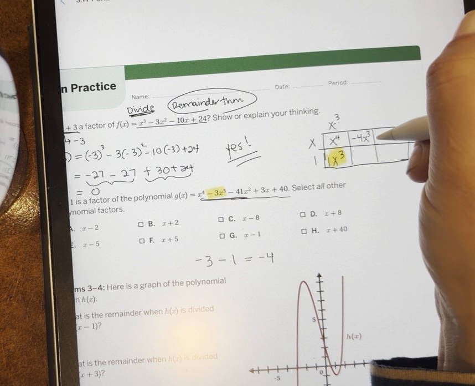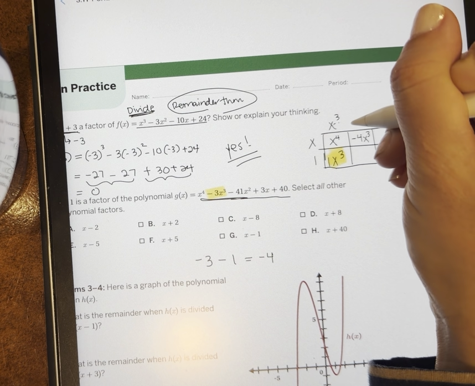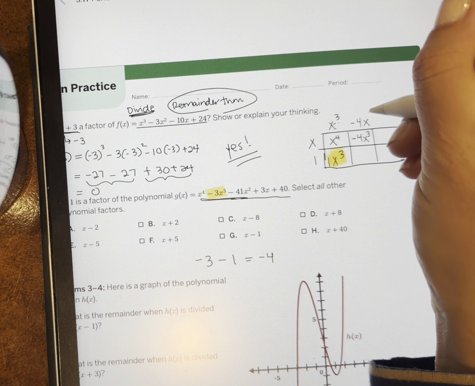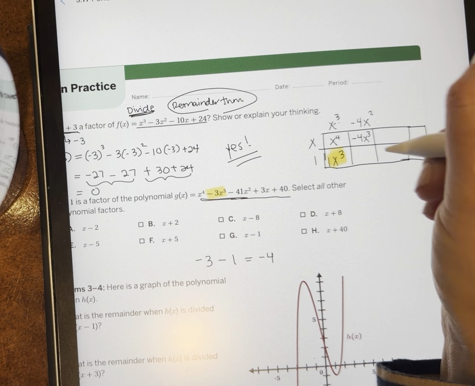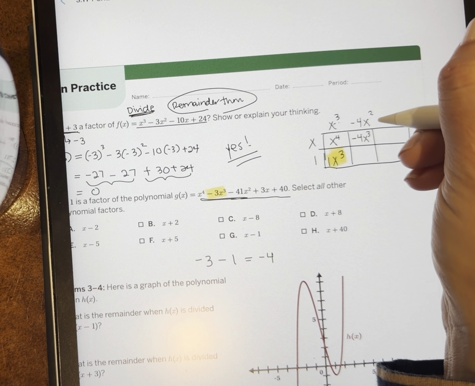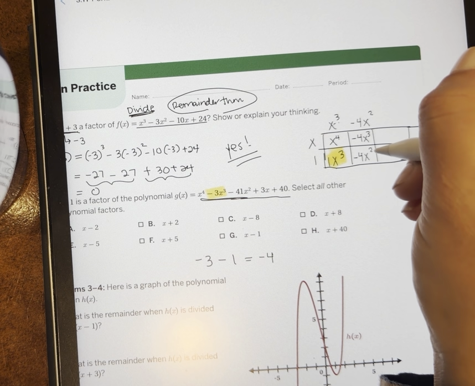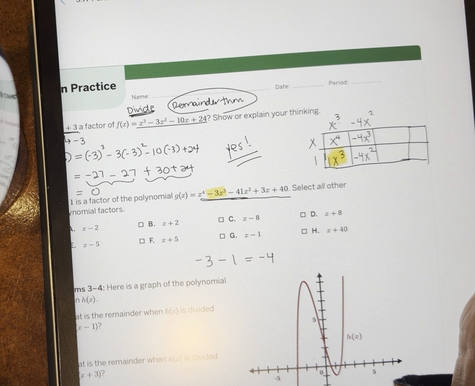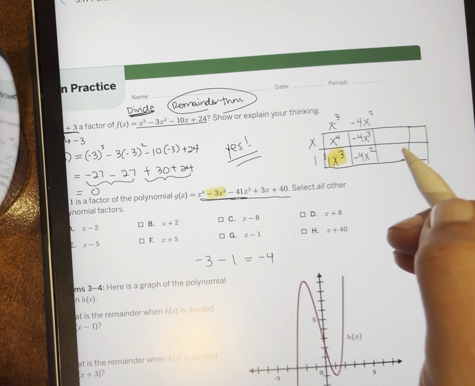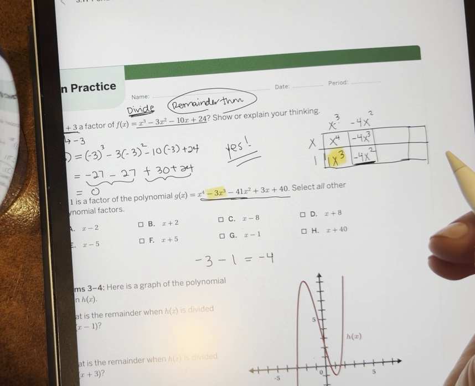Now that there's a negative 4x cubed here, that has to be a negative 4x squared. Multiplies by x to make that. And then negative 4x squared times 1 is negative 4x squared. And now we play detective again. I have a negative 4x squared.